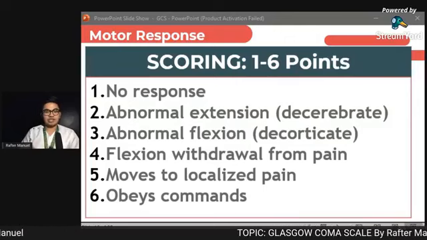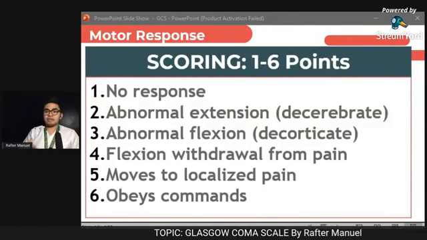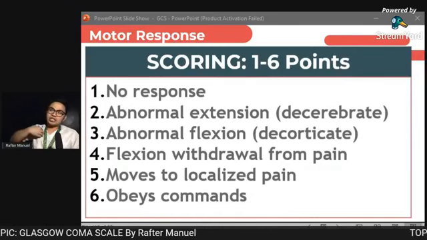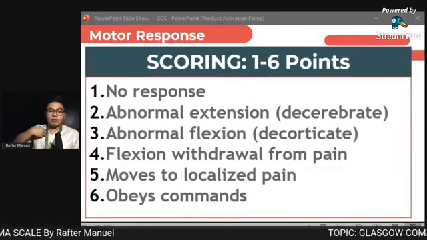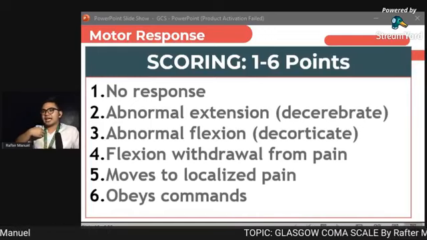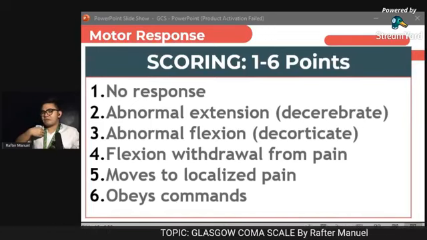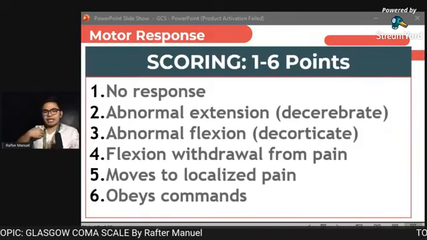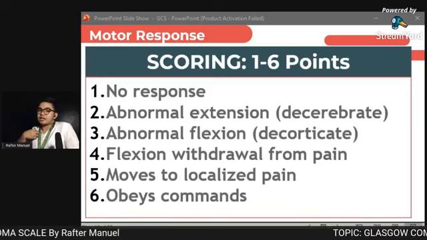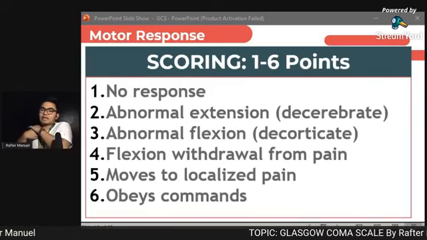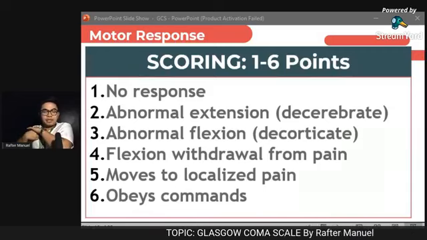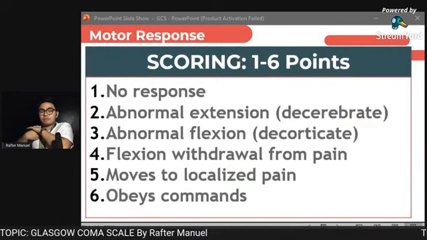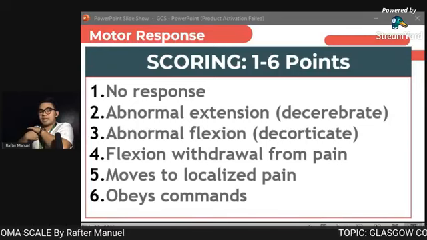And essentially what this means is if you give them some sort of painful stimuli, let's say for example, you would pinch their chest, they are going to move to that source even though they cannot fully flex their hand to that localized area or the localized pain. They will try to move towards that painful stimuli and attempt to stop it. So that is point number 5, moves to localized pain, right?